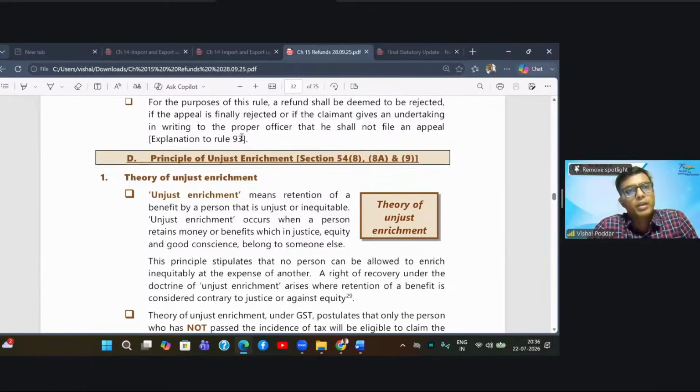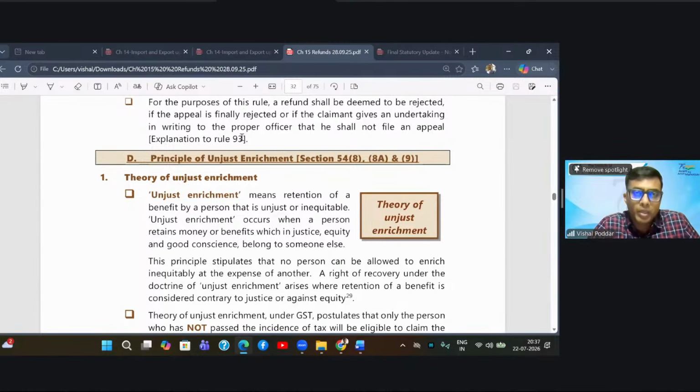Even though as a supplier, I went and paid the tax to the government because that was my responsibility, I had charged the tax and collected it from the buyer. Since I have collected the money from the buyer and paid it to the government, if this money is refundable, it cannot be refunded to me.